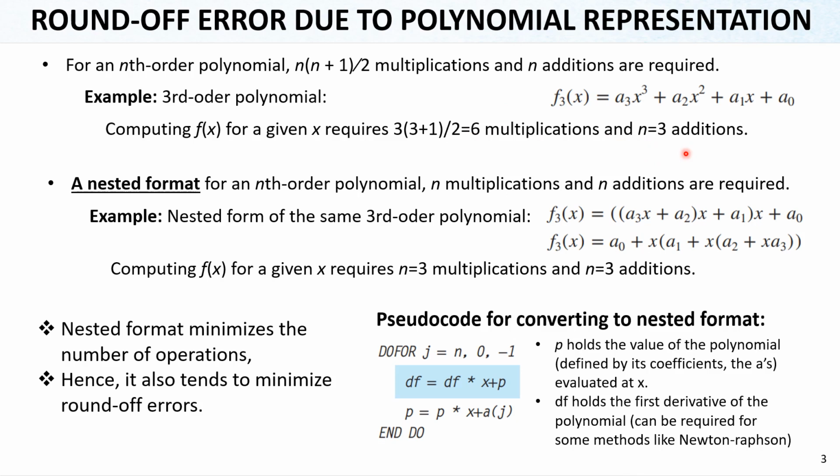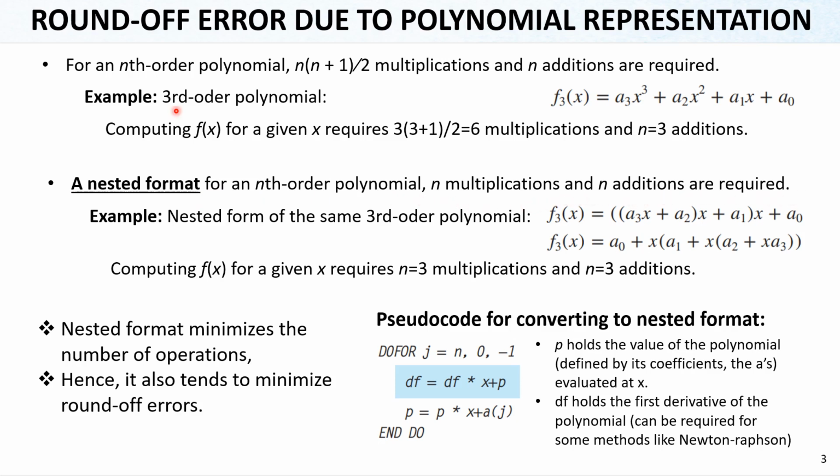And instead of having this much multiplication and addition, because each mathematical operation creates a round of error, we want to reduce these operations. Simply, we can have a nested format, which means for an nth order polynomial, n multiplications and n additions are required.